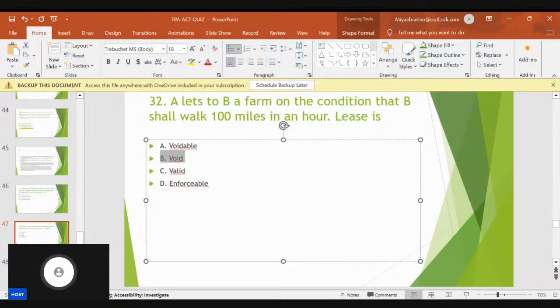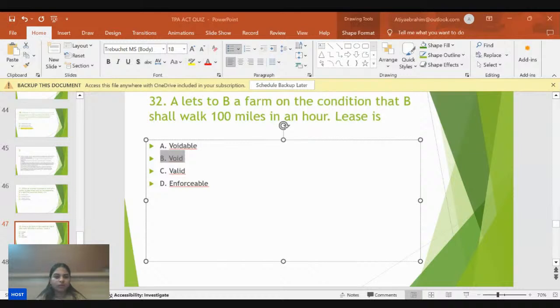And which section, students? Which section is this related with? Can anyone tell the section? Question 32 is related to which section? Where will we find this illustration in the TP Act? Where do you get this provision in TP Act, students?